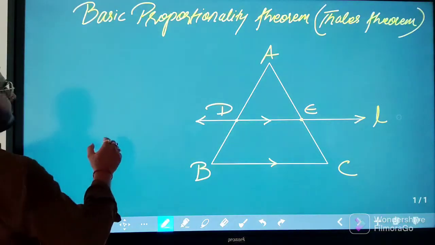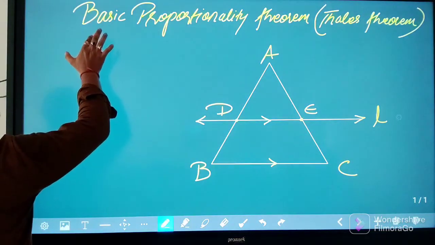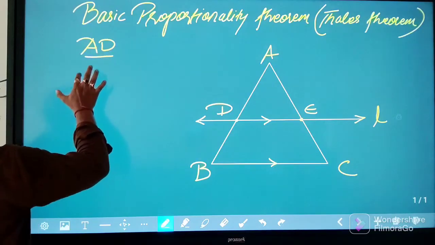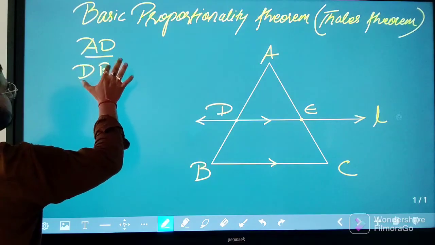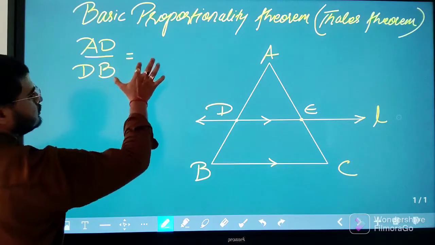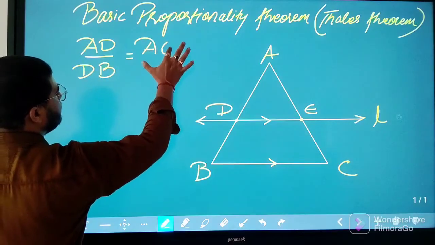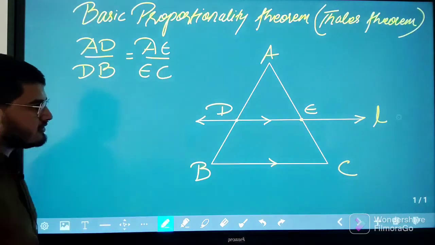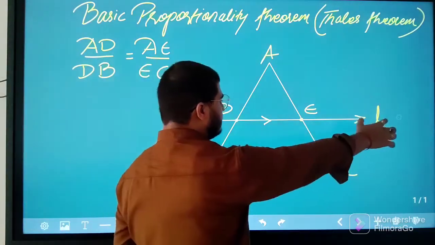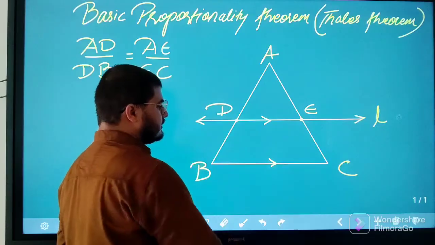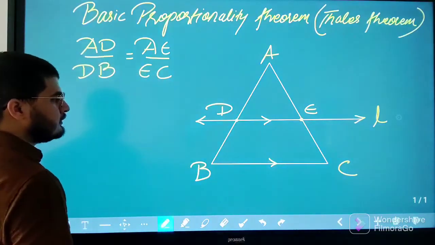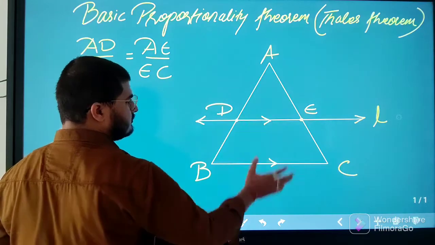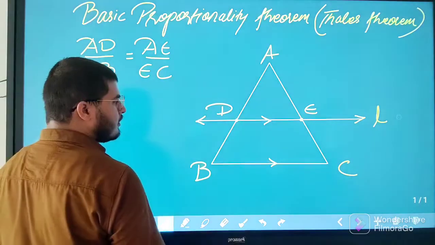So what does it mean? It means that AD upon DB is equals to AE upon EC, because it is saying that if a line is parallel to one side of the triangle, it will obviously intersect the other two sides at two distinct points.